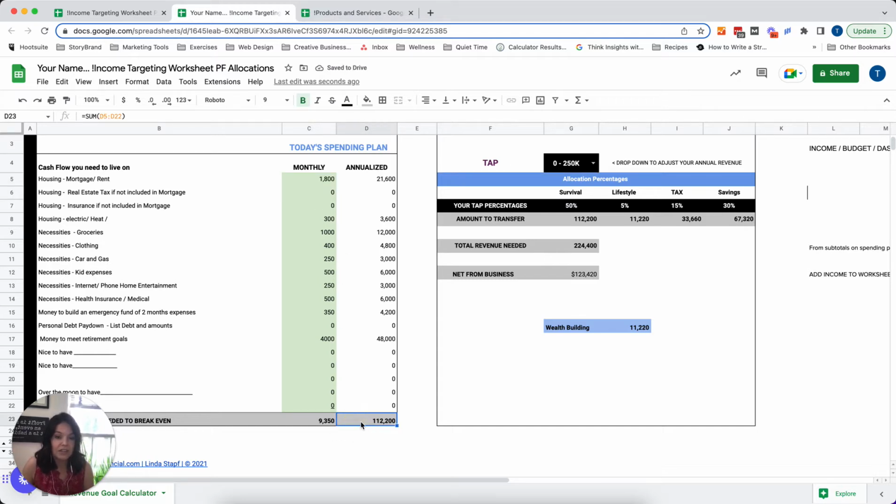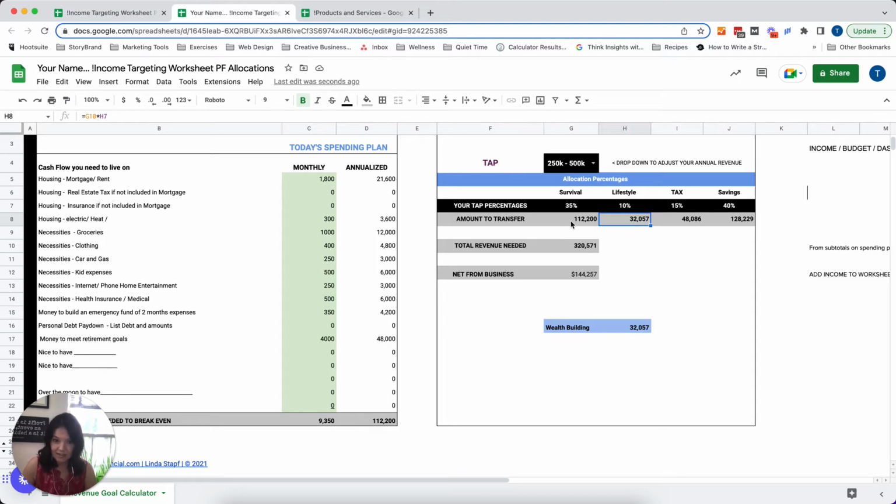So now it's only 112,000 that gets generated over here. But once you've plugged your numbers in, the number that is here, what you need annualized, is always going to be the same over here in this amount to transfer. What will change, however, as you change revenue categories, is your wealth building, because that is the amount of money that you're putting into profit if you're following the Profit First system.